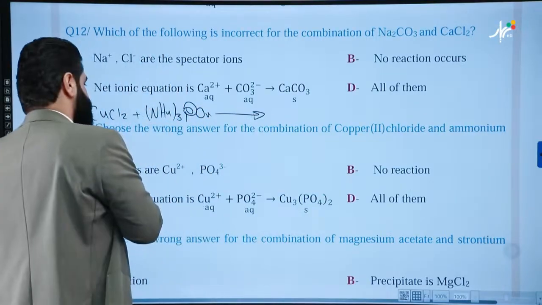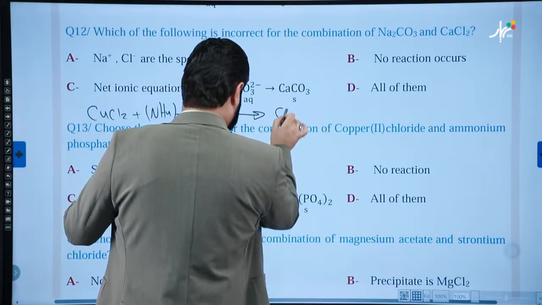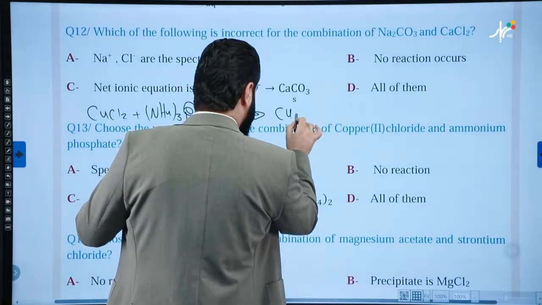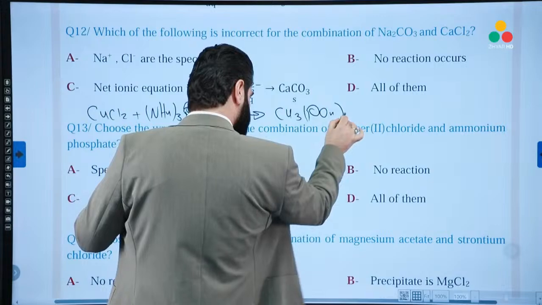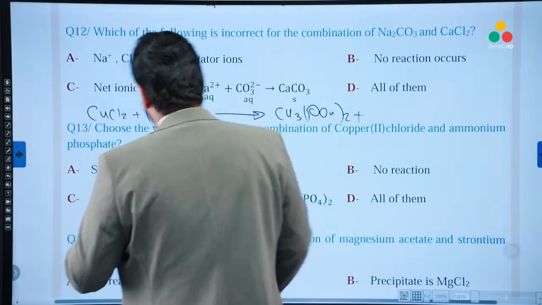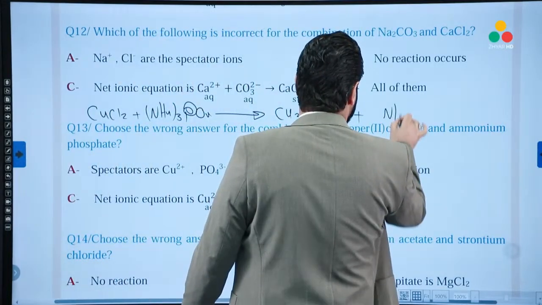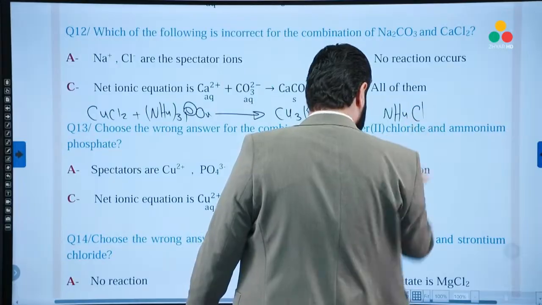Let's have the double displacement for this. It will become Cu3(PO4)2 plus NH4Cl. I'll leave the balance for you, okay?